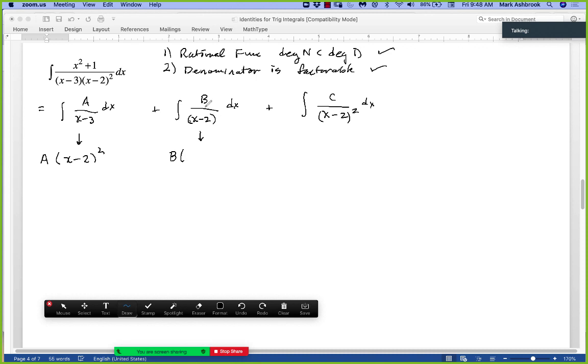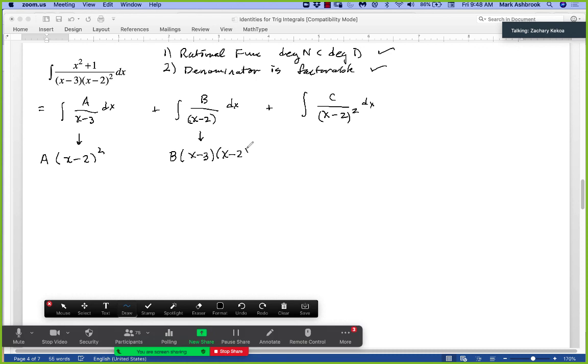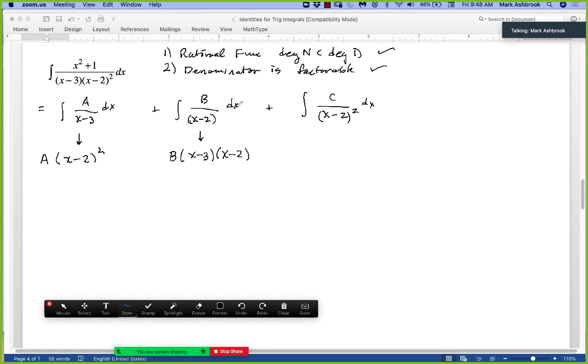We have one x minus 2, so we need x minus 3, but then also another x minus 2, because the common denominator has x minus 2 squared. So if I multiply top and bottom by x minus 3 and x minus 2, I get my common denominator. Finally, what am I going to multiply top and bottom by here? Just x minus 3.